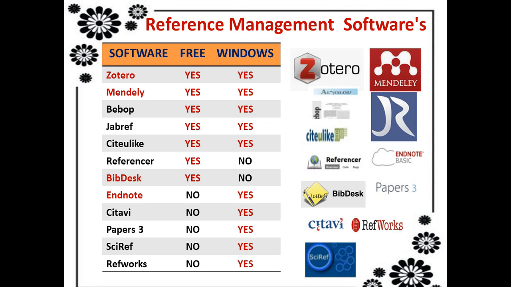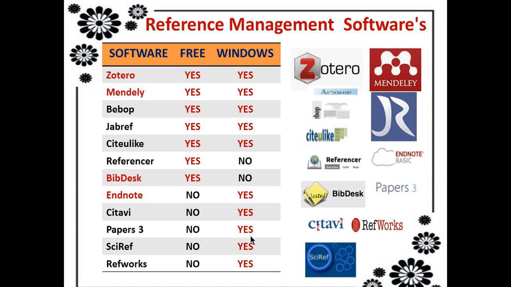Now, I can suggest that based on the importance or need, you can use these two softwares parallelly. Now, coming to the installation and usage of these two softwares, I will be showing in this video.